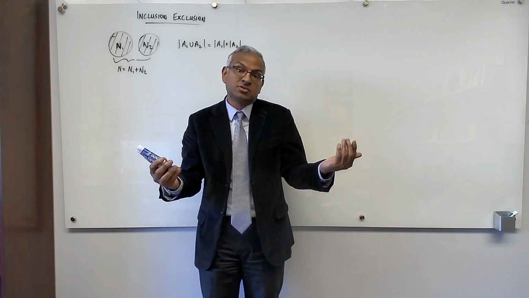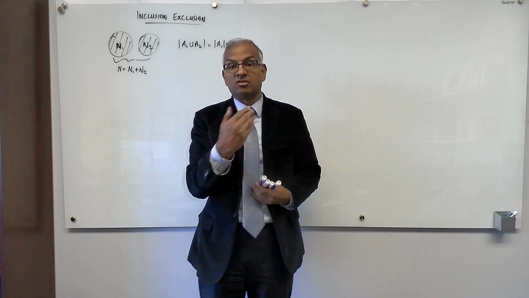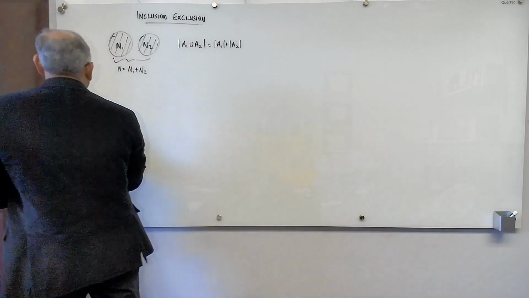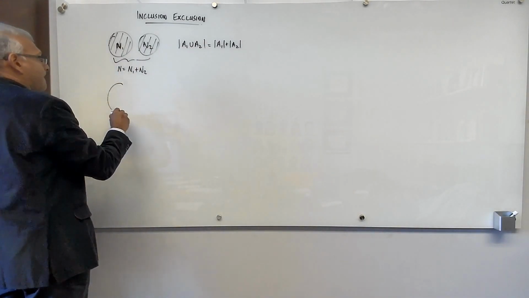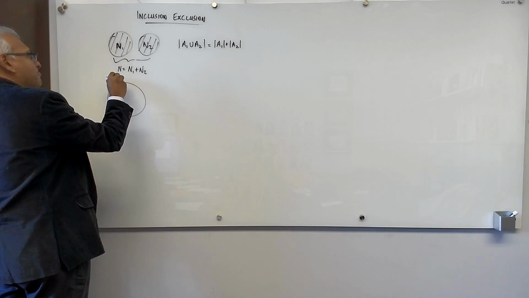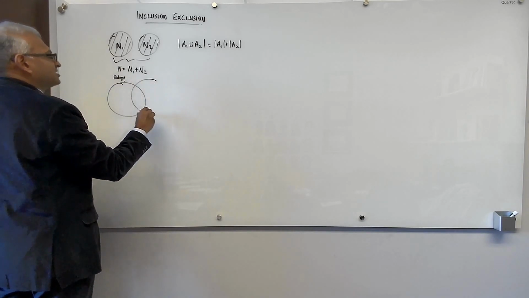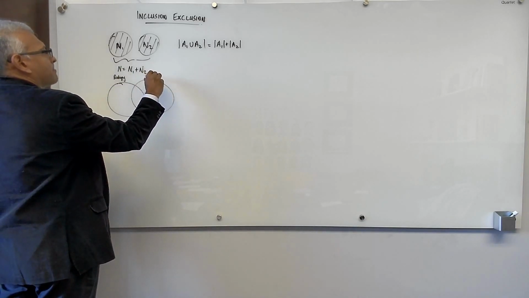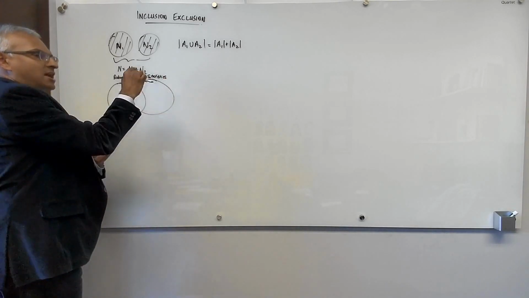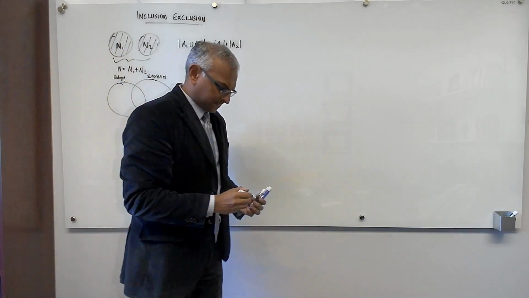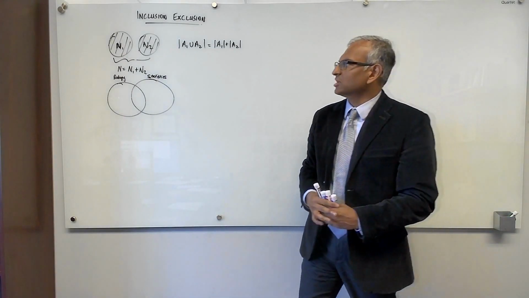So how many books in all? Well, we might think it's 500 plus 300, but in that example, you've got biology books, and you've got statistics books, and you have some biostatistics books. So there's overlap. So you cannot just add.